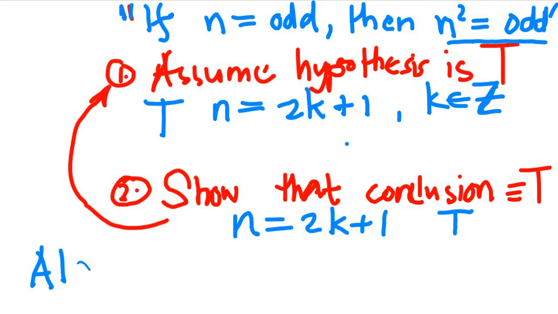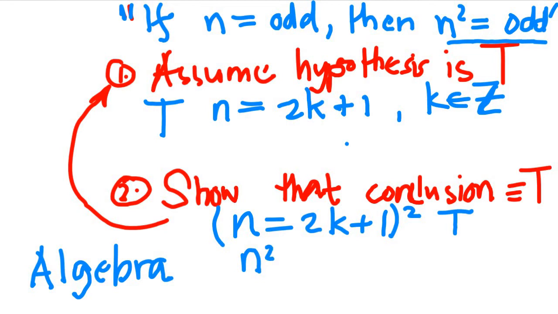With algebraic laws, we could establish more truth or manipulate this equation. One manipulation is if you square both sides, then it will still be equal. So this will be n squared equals twice k plus 1 squared. So we have 4k squared plus 4k plus 1.